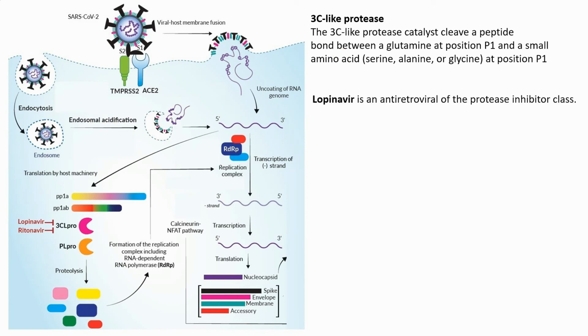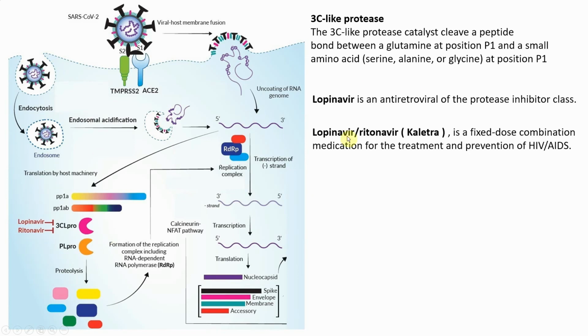For this, we use lopinavir and ritonavir, mainly for the inhibition of the 3C-like protease. In this case, the formation of the replication complex will be stopped, and the formation of the virus can be stopped.